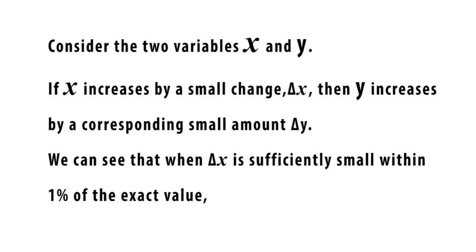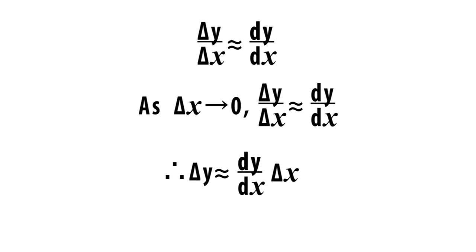We say as delta x approaches 0, delta y over delta x approaches dy/dx. The small arrow there is what I'm reading as approaches. Therefore, we will multiply through to get delta y is approximately equal to dy/dx multiplied by delta x.